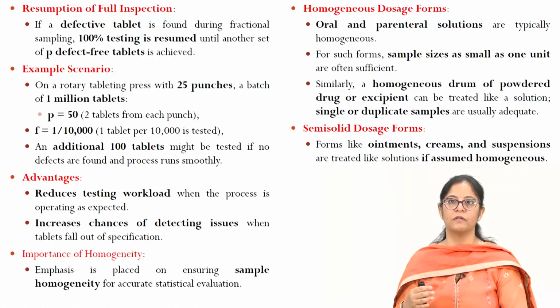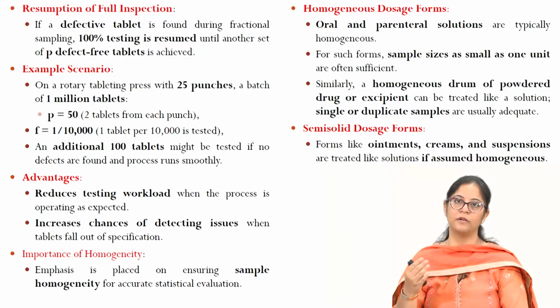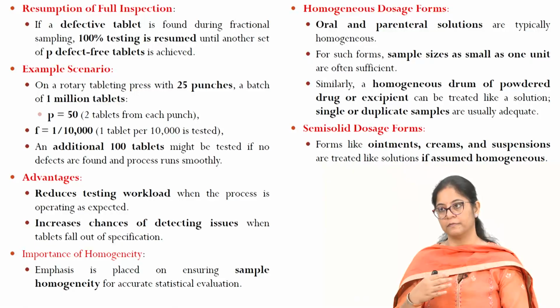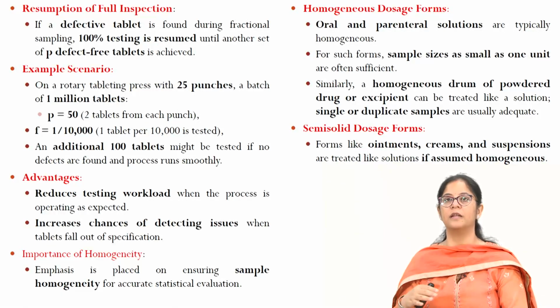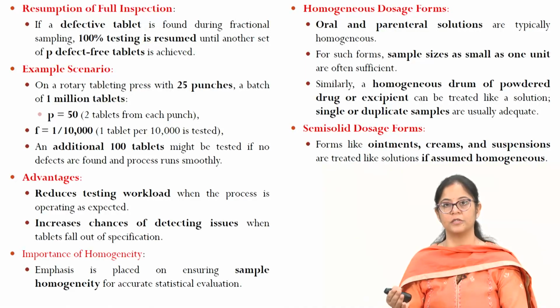This reduces the testing workload when the process is operating as expected, and increases the chances of detecting issues when tablets fall out of specification. So, a sequential sampling plan goes from continuous testing, that is full inspection, to fractional, and then once defects are obtained, it switches again to full inspection.